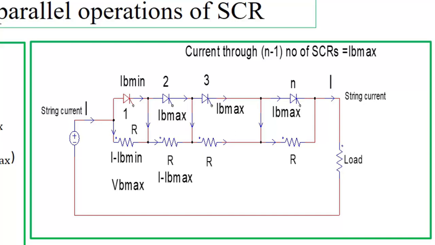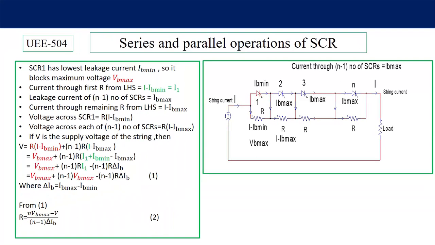So the string current is I, then the current through the first R from the left hand side is I minus IB minimum, and the leakage current through the remaining n minus 1 SCRs is IB maximum. Then the current through the remaining R is the string current minus IB maximum, I minus IB maximum.